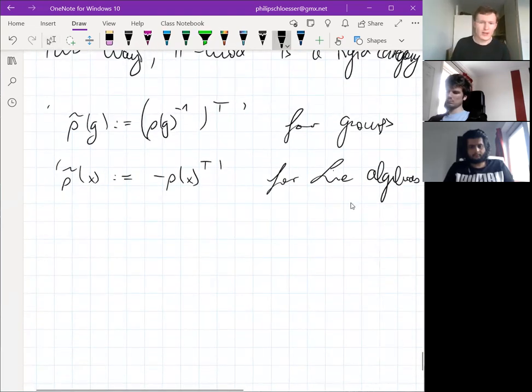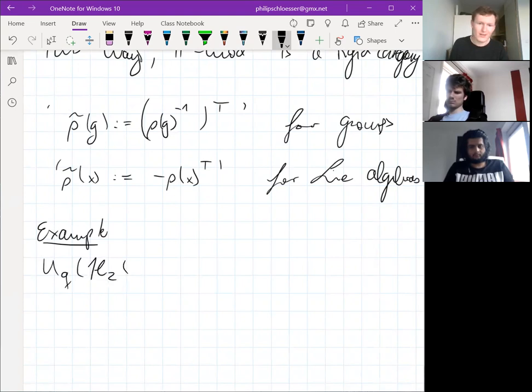Although I guess now it is time to discuss the one example of a proper quantum group, namely what is called quantized sl2, or the quantized enveloping algebra of sl2.